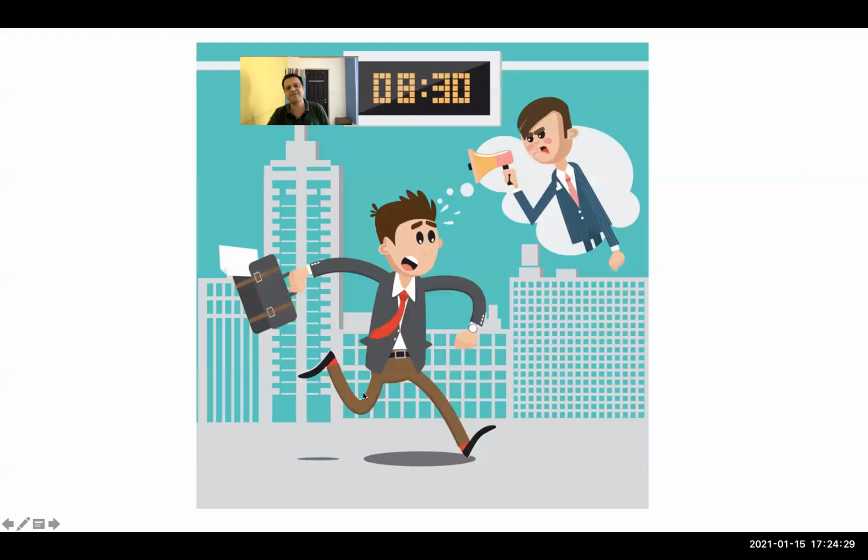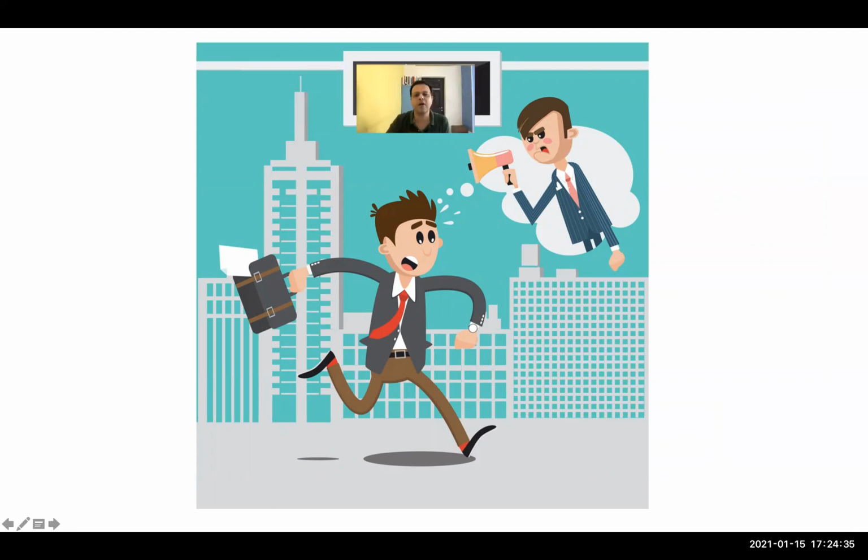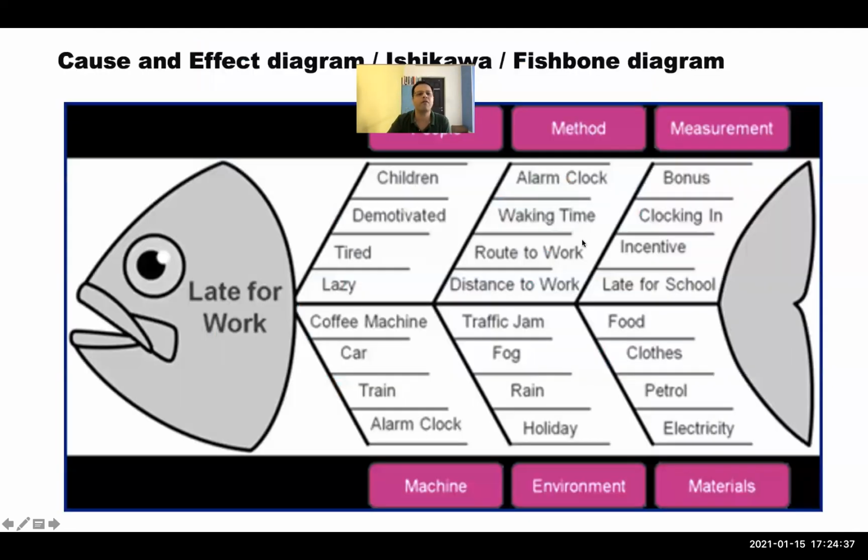Let's take this fantastic simple example. HR is saying that the employees are always coming late to the office. Let's look at the cause and effect diagram, or fishbone diagram. He says there could be six large reasons why employees could be coming late to work: people related, method related, measurement related, machine related, environment related, or material related.